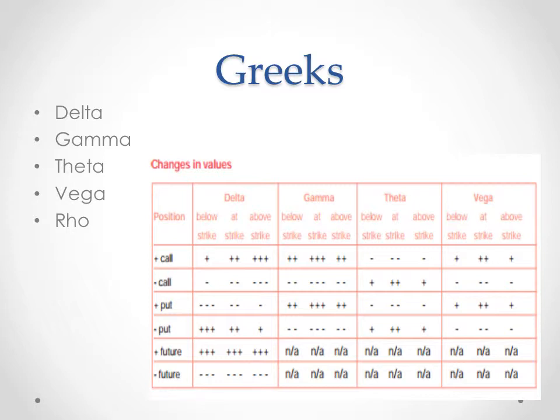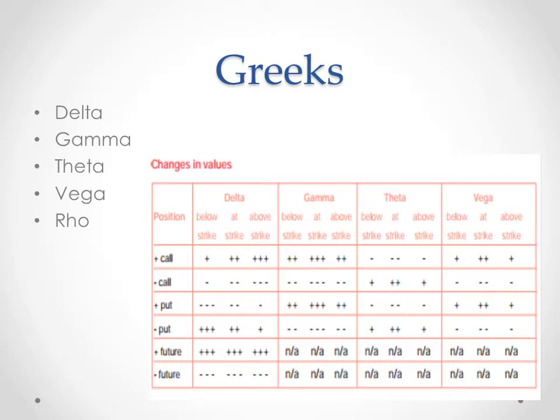To estimate a new option price, we first multiply the change in the stock price by the approximate delta of the option to see how much the value of the option would increase. And then we should add that increase to the purchase price of the option while allowing for some loss of time value in the option. As this table shows, it shows how delta should be for each of these positions. When you see 3 pluses, this means that it is a very positive delta.